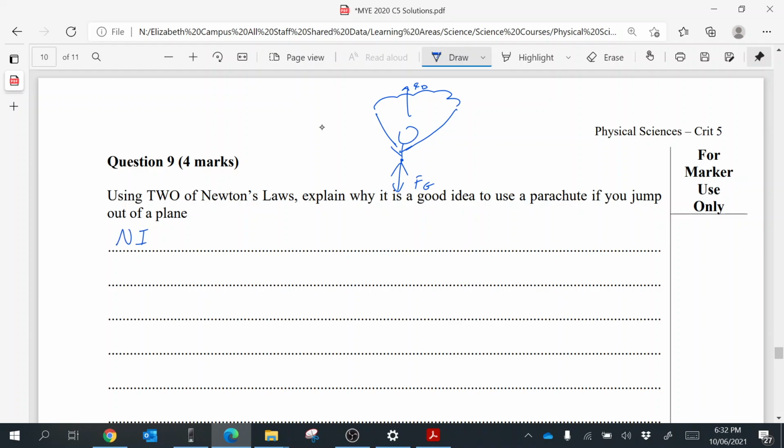So N1: an object will continue in its original motion unless acted upon by an unbalanced force.